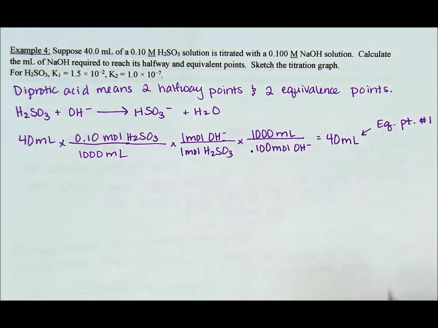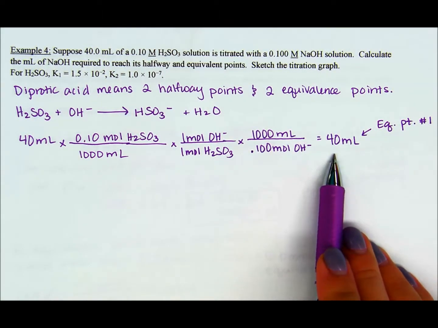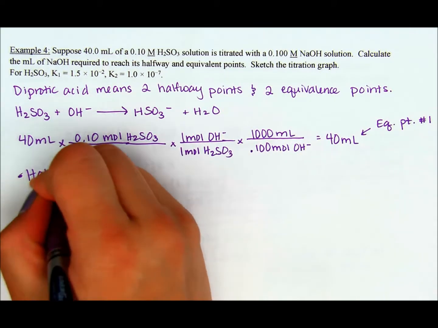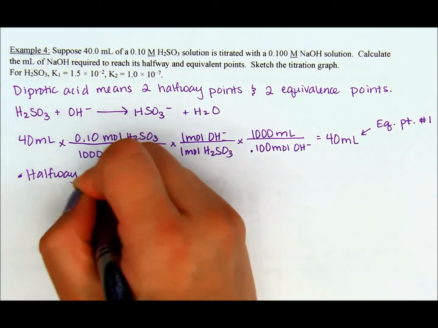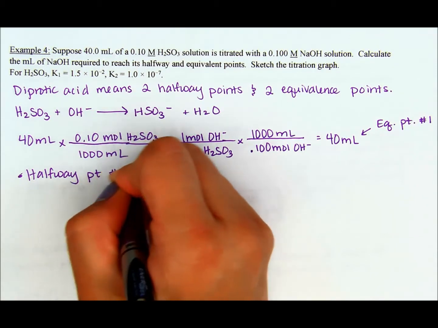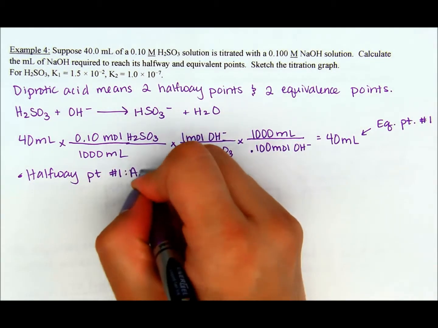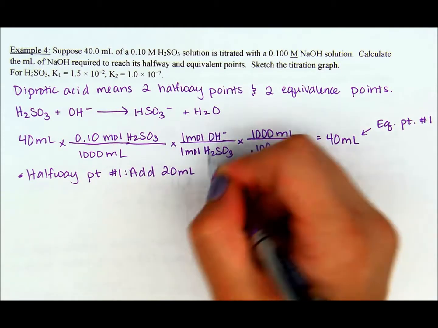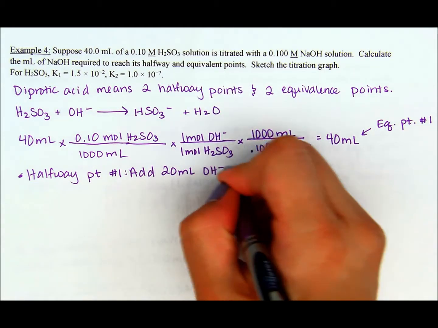Okay, equivalence point number 1. So that means my halfway point number 1 is going to be what? It's going to be 20 milliliters. So down here, I'm just going to do some bookkeeping. So halfway point number 1, add 20 milliliters of OH minus.